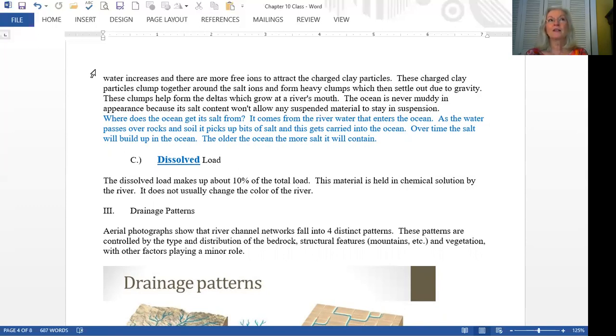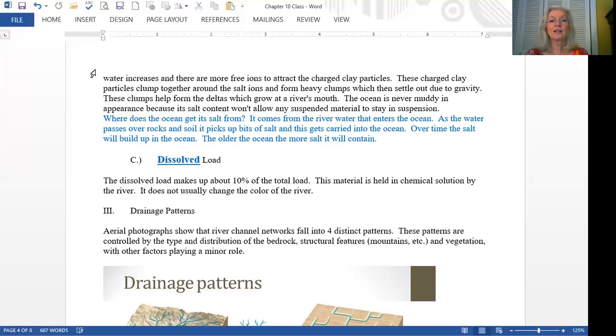So those positive clay particles are going to be attracted to negative ions in the water. The more salty the water, the more negative ions you'll find. And so the clay will clump together, or anything in the suspended load will clump, and then the weight of it is going to let it settle out. That means that even though the river is muddy, the ocean is not.